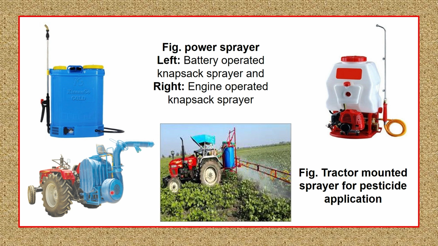So it uses a huge blower which blows a strong stream of air, and that strong stream of air is passed through this duct, and meanwhile the chemical is also allowed to pass into this duct, where that jet of chemical will be disintegrated into small particles, and those small particles will be carried away by this strong stream of air, and that air will carry those droplets and deposit them over the canopy of the plant. So this type of sprayer is for orchard plants, whereas this type of boom sprayer is for field crops.